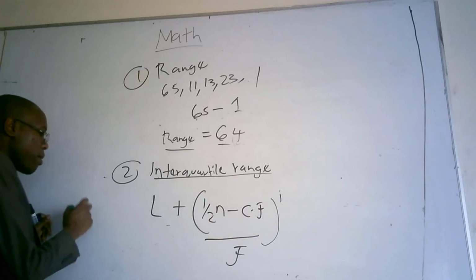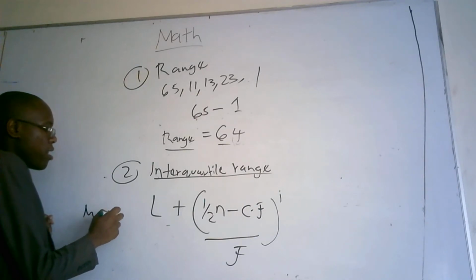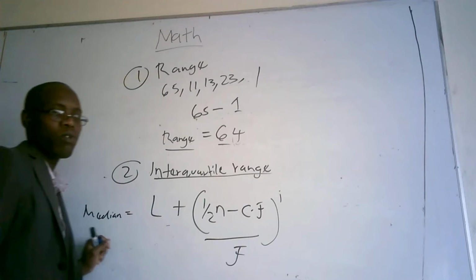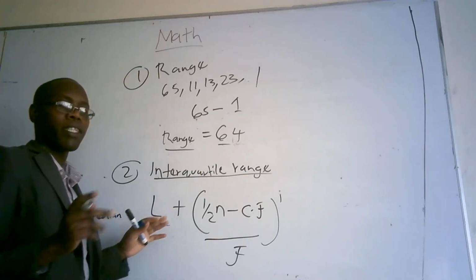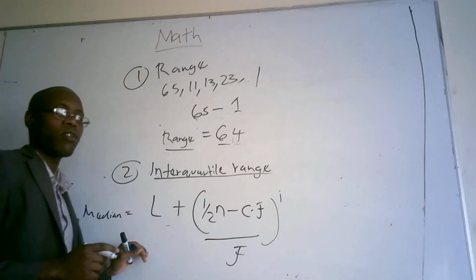This was our median. So the median formula is what we are going to use in calculating the interquartile range, but now we are going to make a little bit of changes.